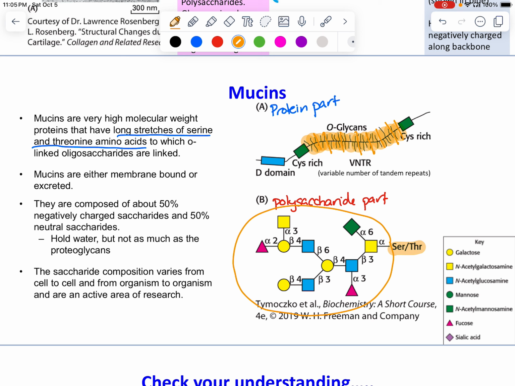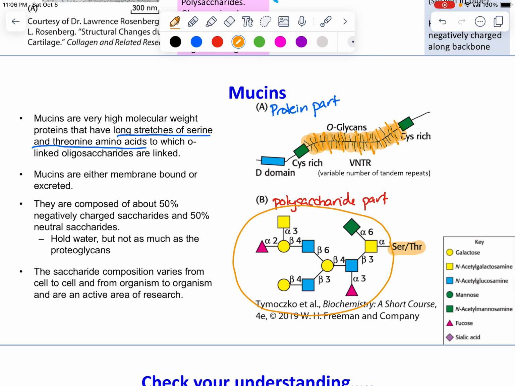Okay, this is about 50% negatively charged saccharides, and 50% neutral saccharides. So they will hold water, but not as much as the proteoglycans we were looking at before. The saccharide composition varies from cell to cell, organism to organism.